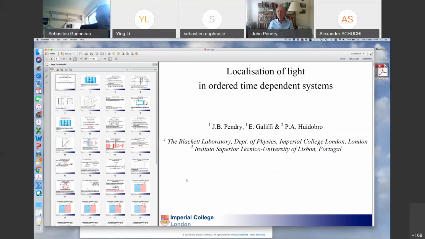So we've got a question from Simon Horsley. He has some problem to unmute, and he's asking, is there some relation between the amplification in luminal gratings and the work in optical analog gravity?